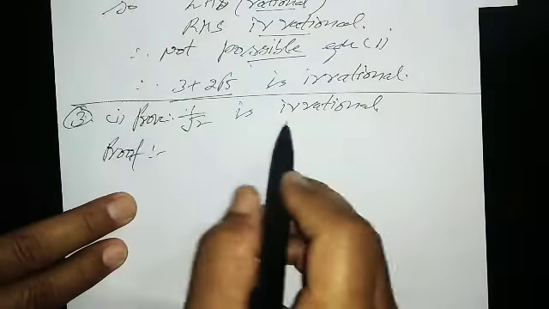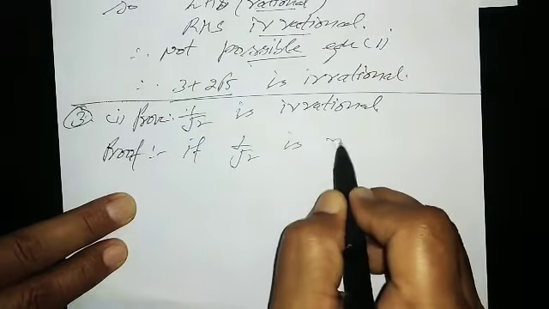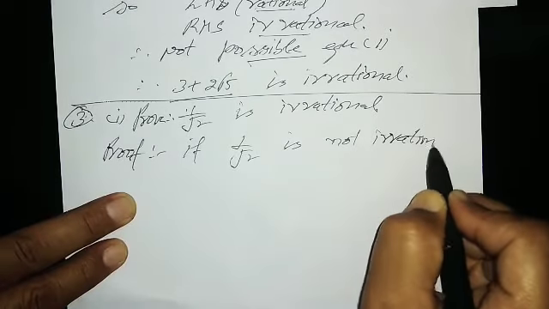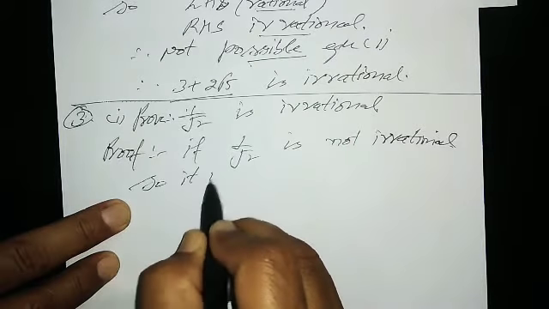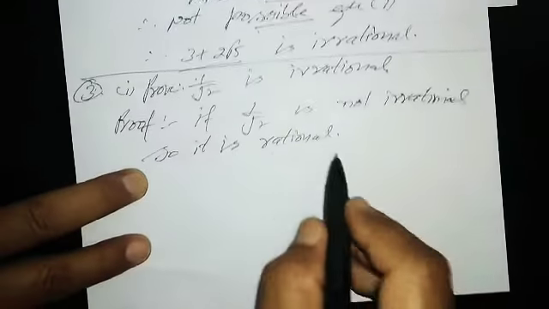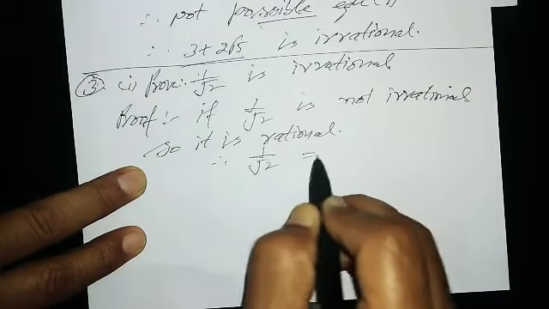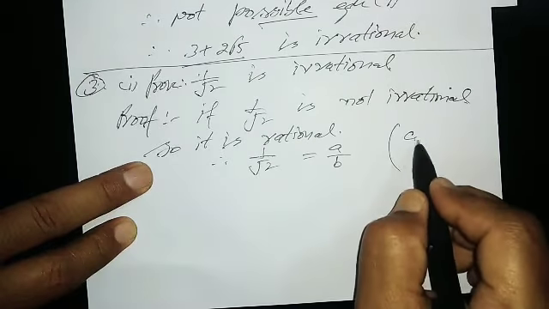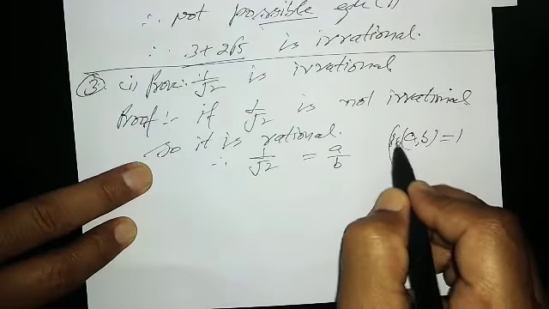Now let, if possible, 1 by root 2 be not irrational. So it is rational. So by definition it can be written as 1 by root 2 equal to a divided by b, and here a and b have nothing common other than 1, right?